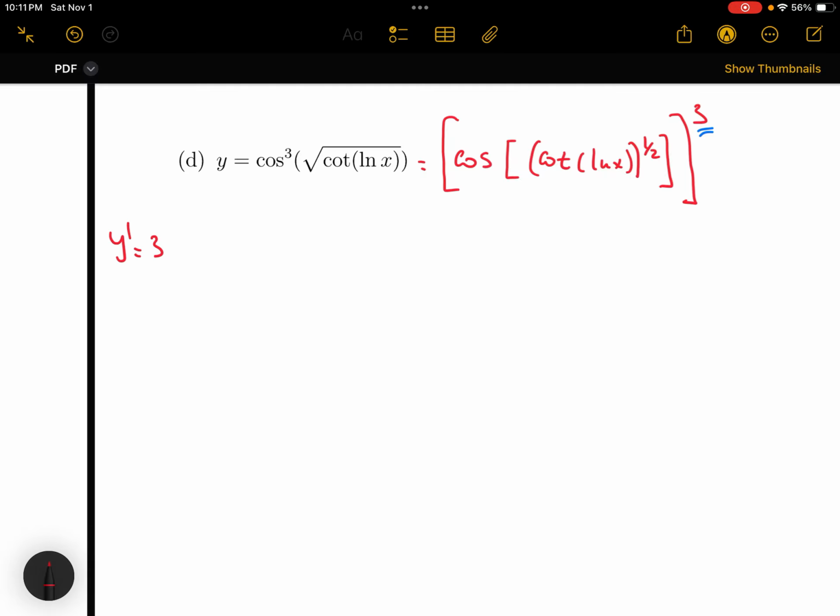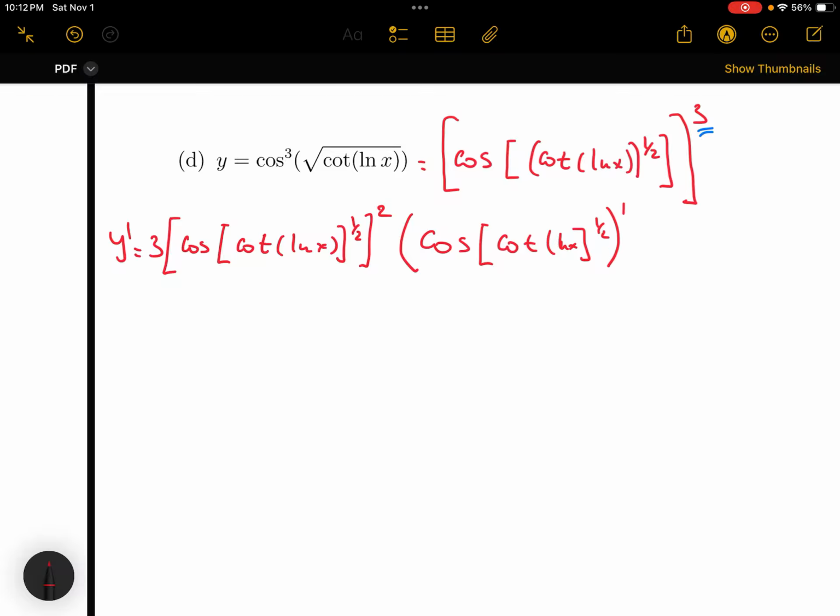Y prime is equal to 3 times cosine of cotangent of ln of x, and that whole thing to power 2 times the derivative inside, which is cosine of cotangent to power 1/2, and the cotangent is of ln of x, prime here.